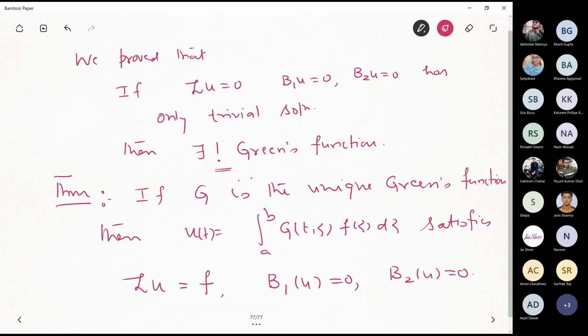Okay, satisfies, or again, this is the unique solution of this equation.